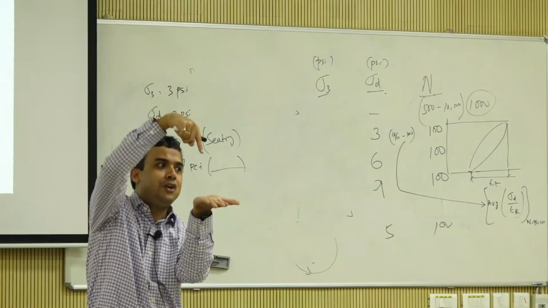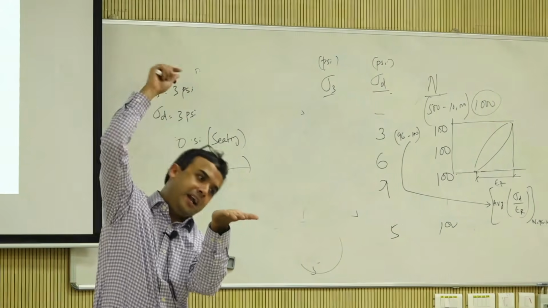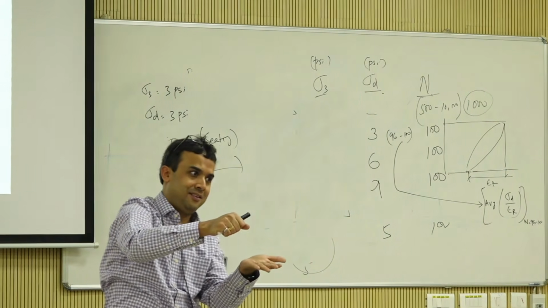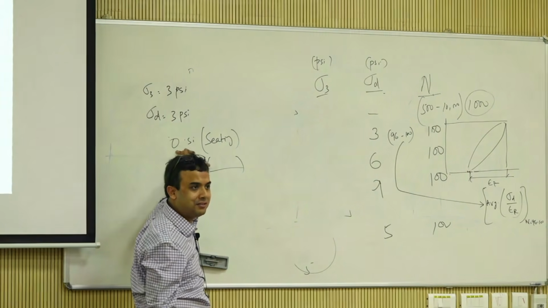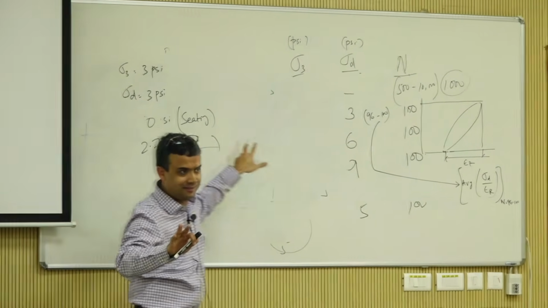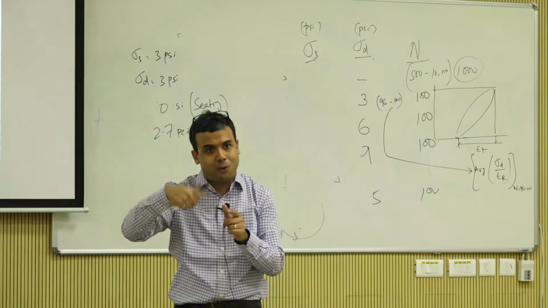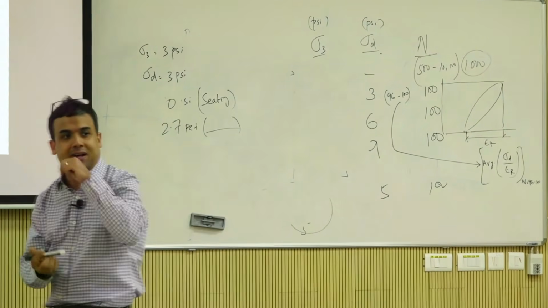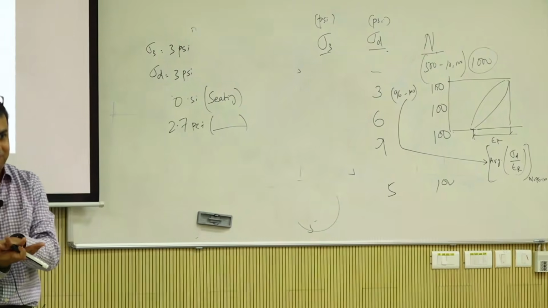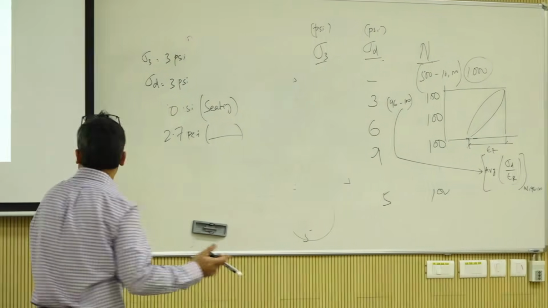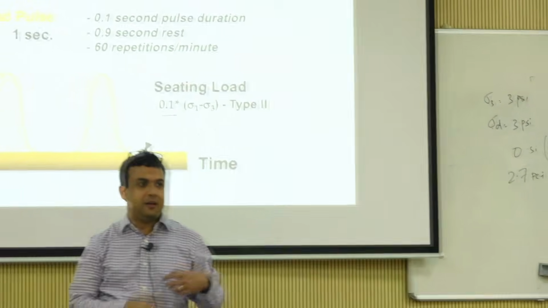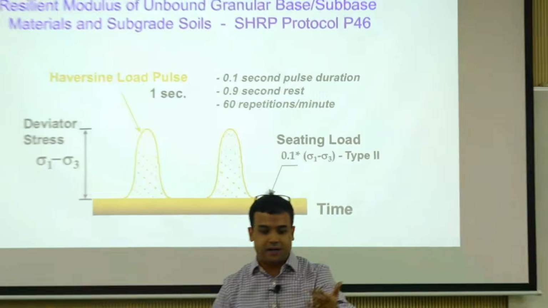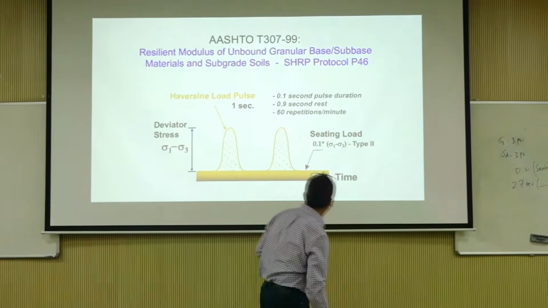No. So you're losing contact, and then you're coming and banging it. So the moment you have seating is 0, you're going to lose contact in your feedback system. You never do that. That is the reason your code or your testing method always has a seating in there. Seating load is 0.1 of the target deviator. So that's something that you really need to do.